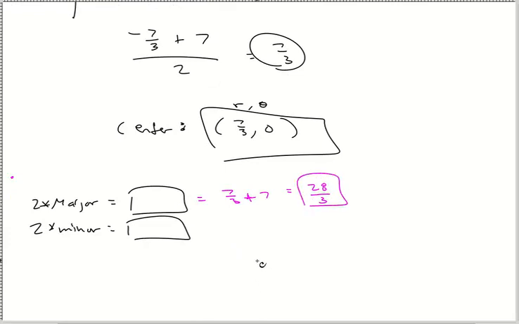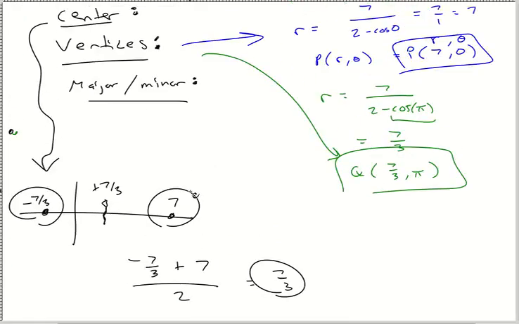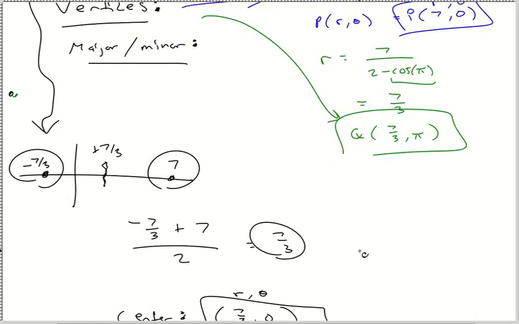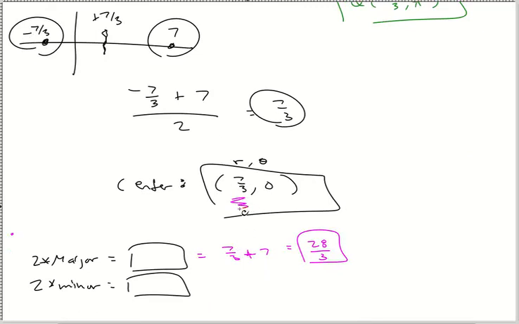So there's my major. How do I now find my minor? Well, this is an ellipse, so c squared is equal to major squared minus minor squared. We got a major. We can find c. C distance, again, is from the center to the focus. And so that distance there is technically the distance to the center right here.